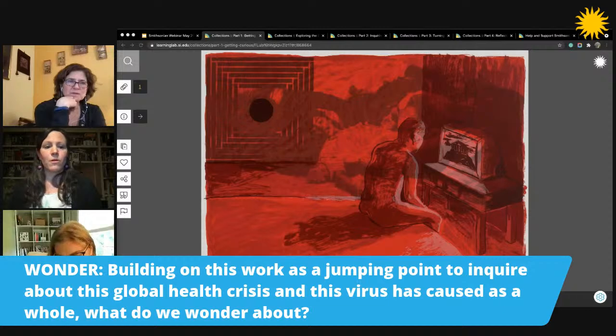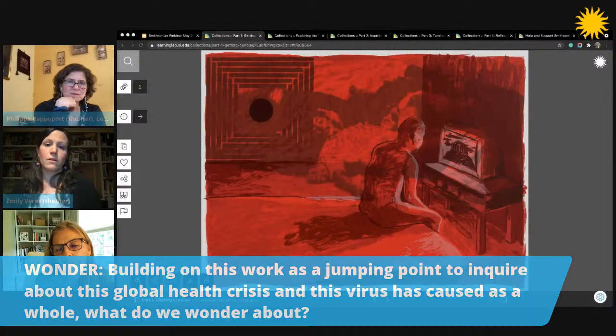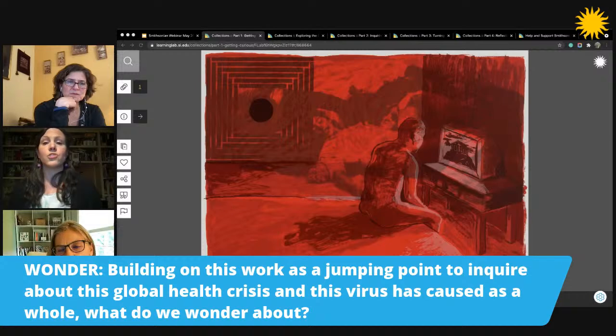And remember, we're trying to transition, not just asking about the artist or the artist's intention, but really how this particular image links to the overarching ideas about COVID-19 or the global crisis at hand, and what questions you might have about those ripple effects or about inquiring about the global health crisis in general.